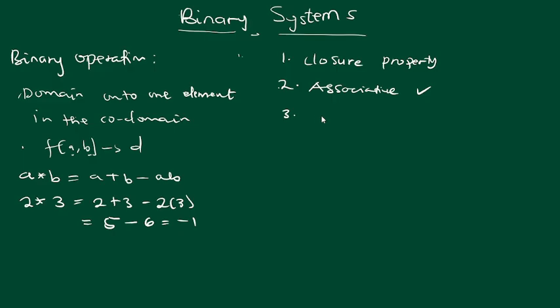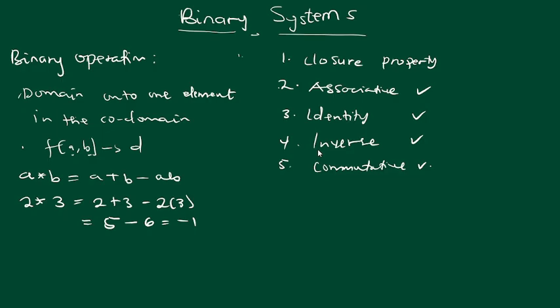Then we have the identity property, the inverse element property, and the commutative property. So these are the properties that a binary system will satisfy.